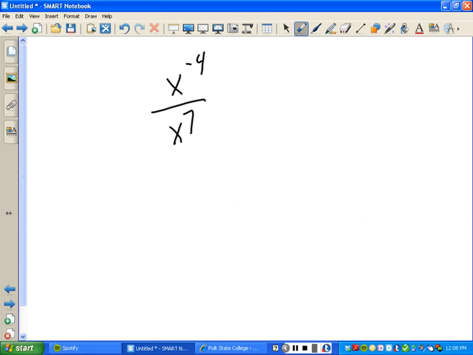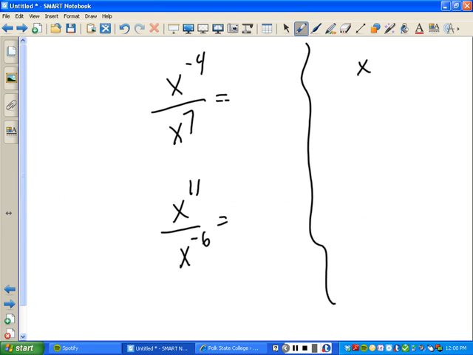Let's go: x to the 11th over x to the negative 6. Let's go: x to the negative 7 over x to the negative 3. And let's go: x to the negative 4 over x to the negative 9. Let's see what you get for those four.